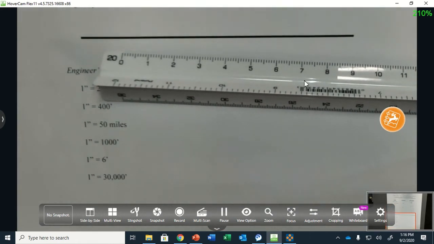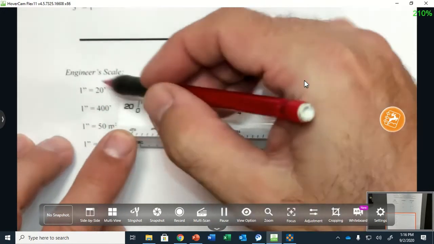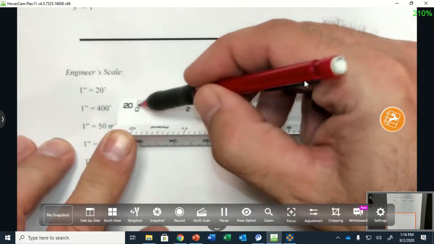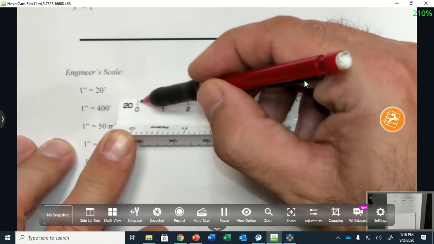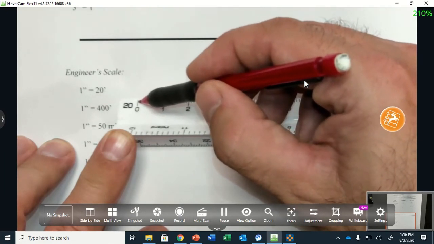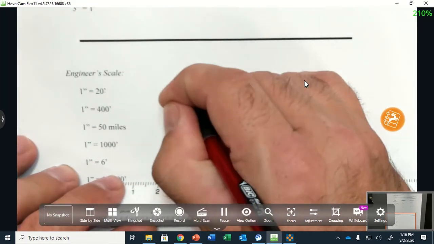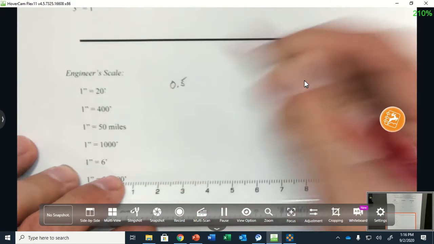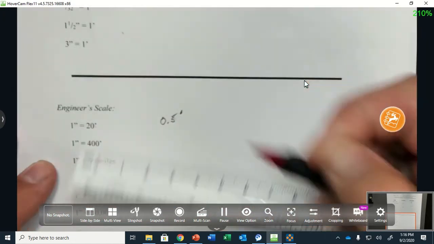There we go. Now I'm closer. So I'm doing this one. 1 inch equals 20 feet. That's 10 feet. That's 5 feet, that's 1 foot. So my accuracy, half of the value of one tick mark, is 0.5 feet, put the little foot mark there, okay?